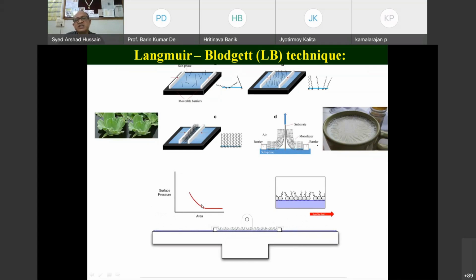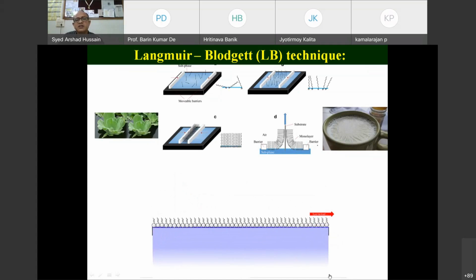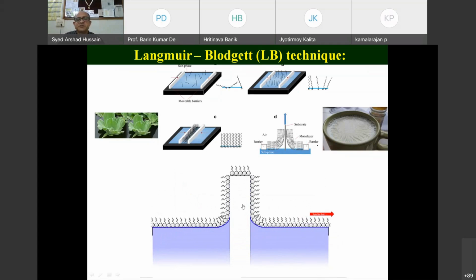You see the pressure is increasing here. Molecules are coming close to each other. Then you take out your substrate through the layer. You can see the floating layer attached to the substrate. Then you take it out and you use your material for characterizations or applications.